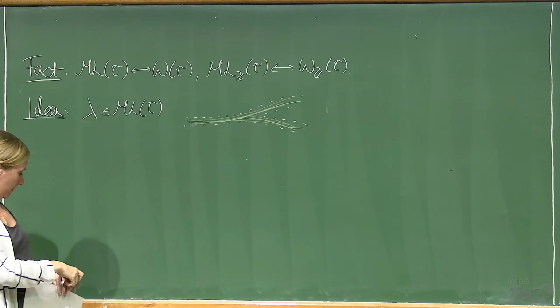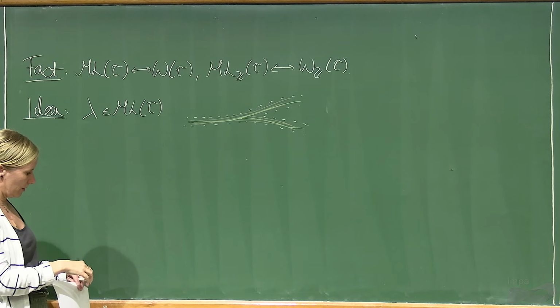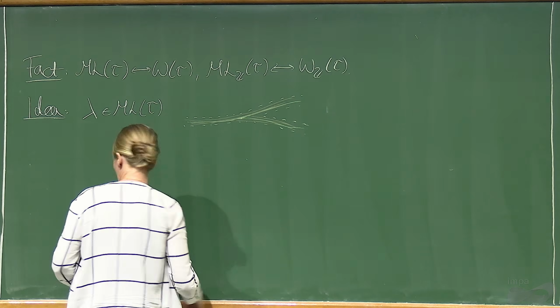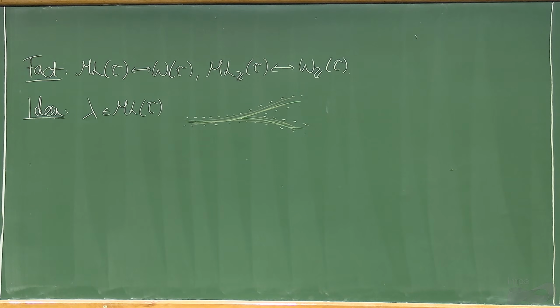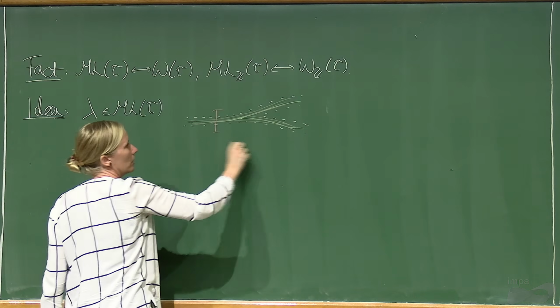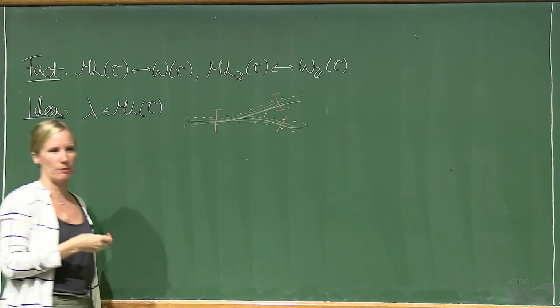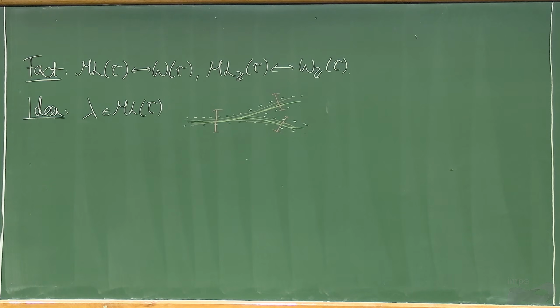I can then get weights on the train track by taking the transverse measure on small arcs that only intersect the corresponding edge and not any other edges.